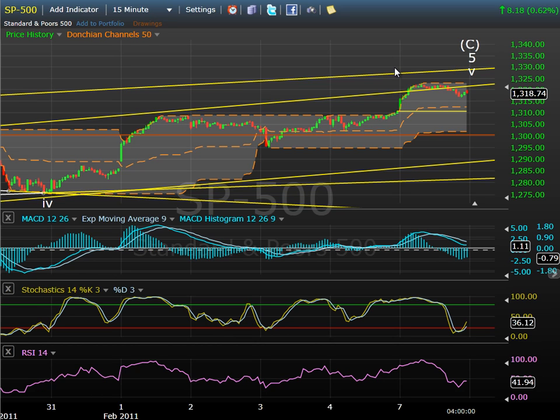Now, this is using the best Elliott Wave analysis that we have available to us right now. The best Elliott Wave count. There are corrections in Elliott Wave that can take many different avenues.